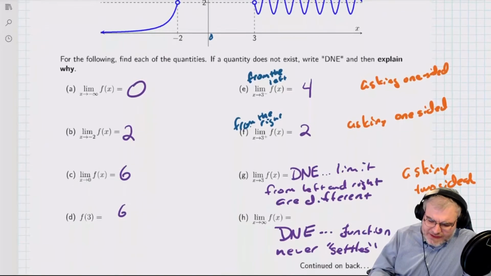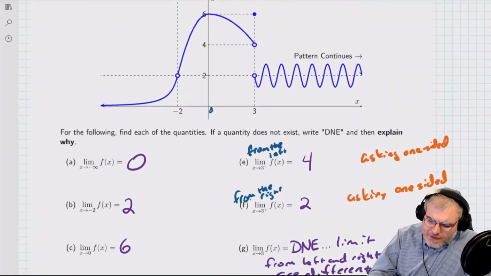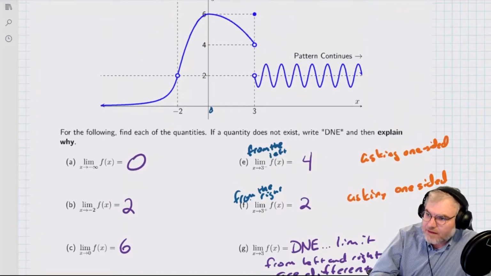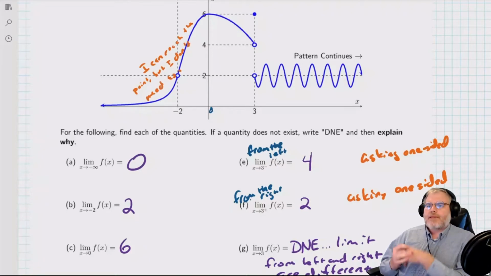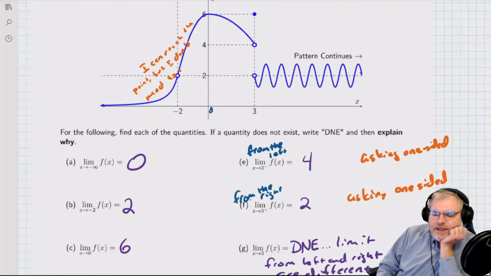All right. Now this one is 6. As x goes to 0. So one of the things about limits, right? I can reach the point, but I don't need to. All right. So here I've reached the point. Here I actually reached the point.